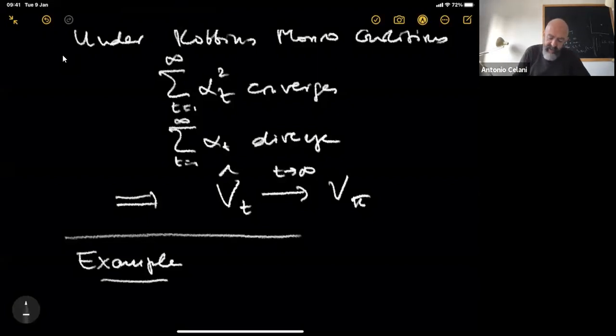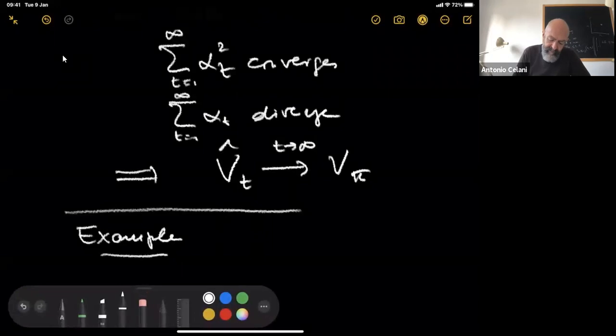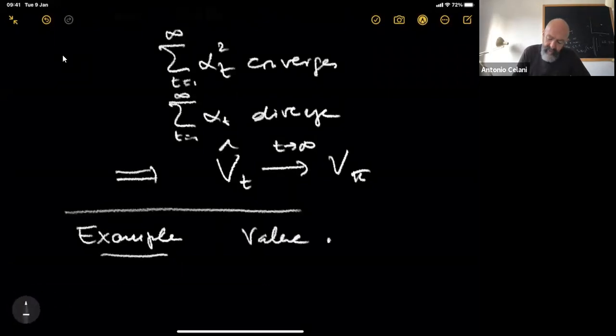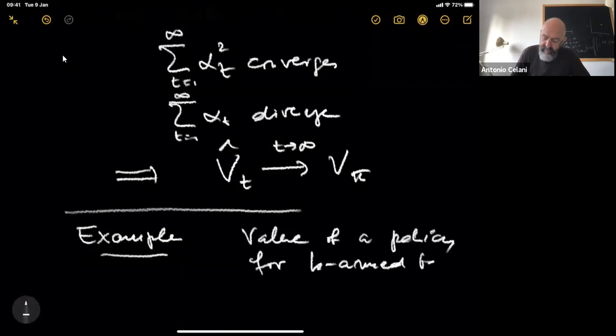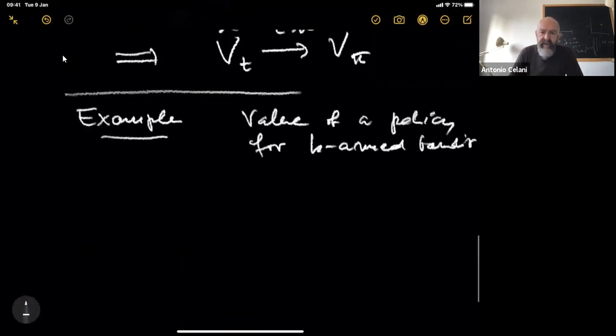So the example that we discuss here: what is the value of a policy for a K-armed bandit? A K-armed bandit is a very simple object from the viewpoint of MDPs.